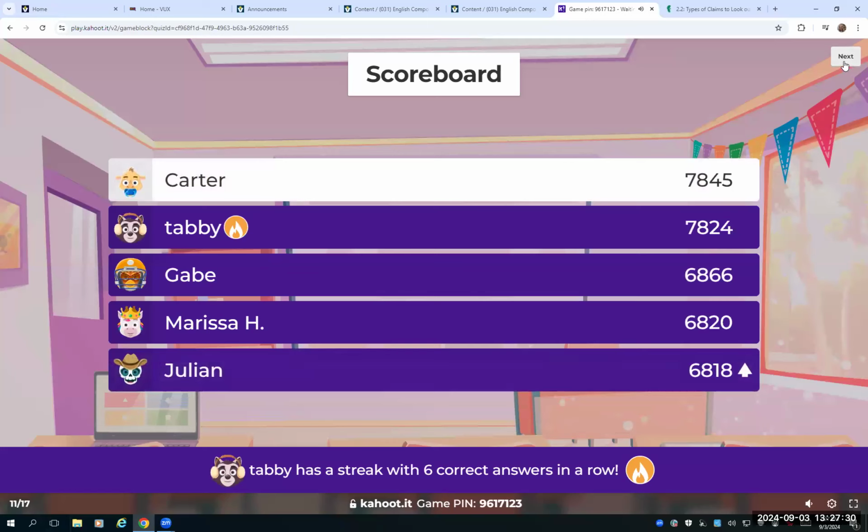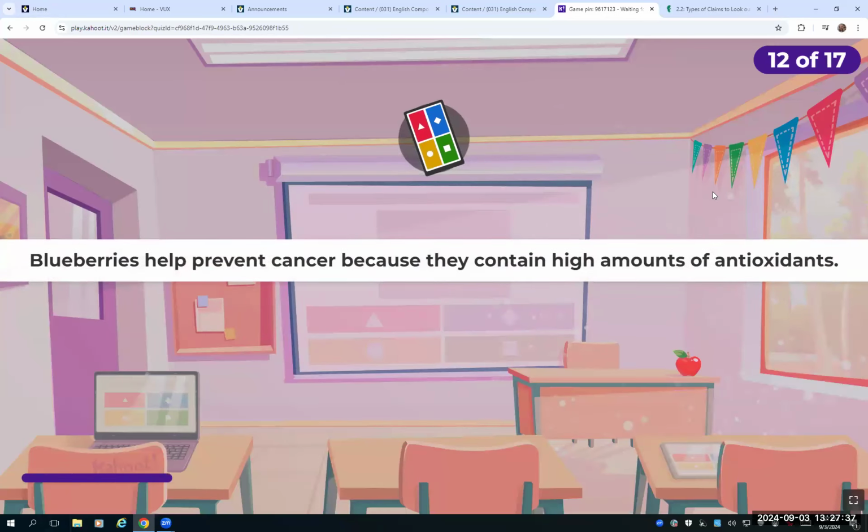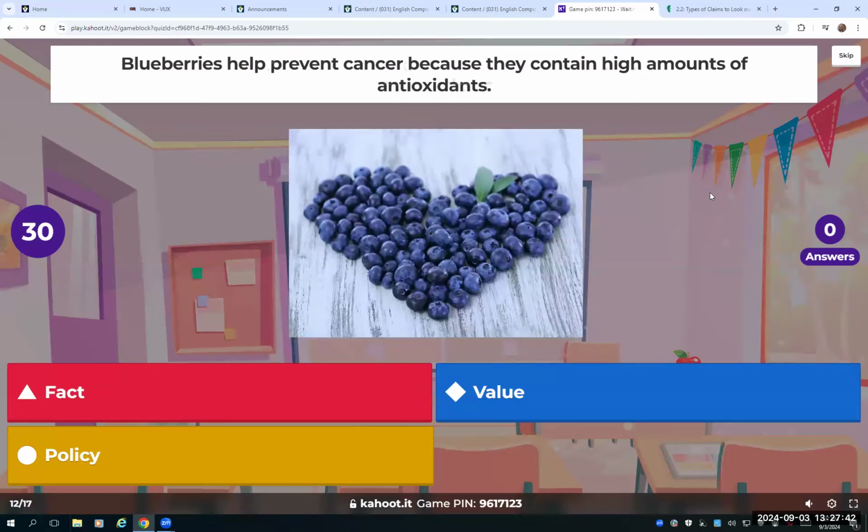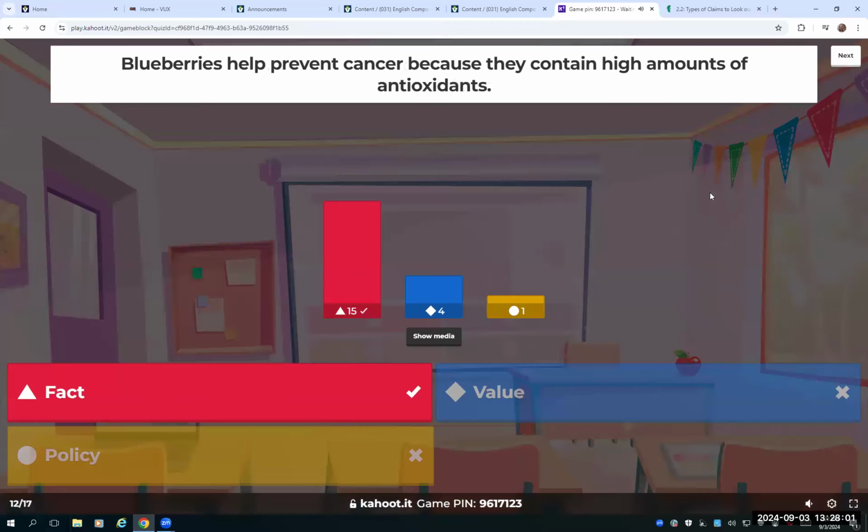Okay, next. Oh, it's close right up there at the top. Still, Carter and Tabby. Gabe not far behind. Blueberries help prevent cancer because they contain high amounts of antioxidants. Claim of fact again.